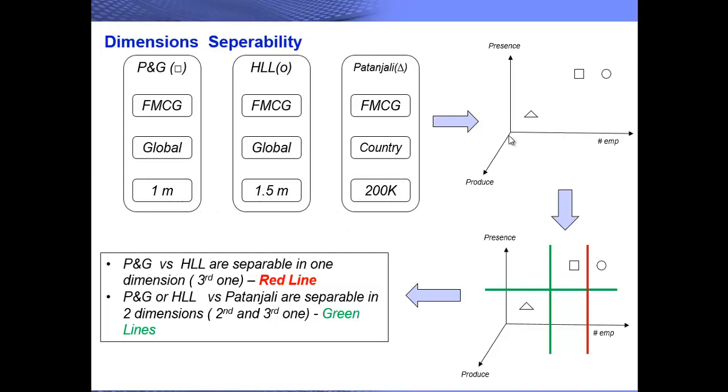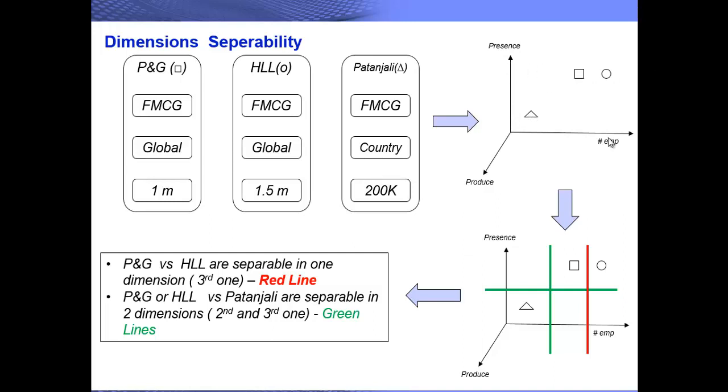Okay, so on this dimension it is close to 0, to 2 lakhs, and this is kind of 10 lakhs, and this is kind of 15 lakhs. The graph is not exactly to scale, it's just a graphical and relative representation. Now Procter & Gamble is global, so global means it will go to higher values on this dimension, the presence, and that's why it is here.